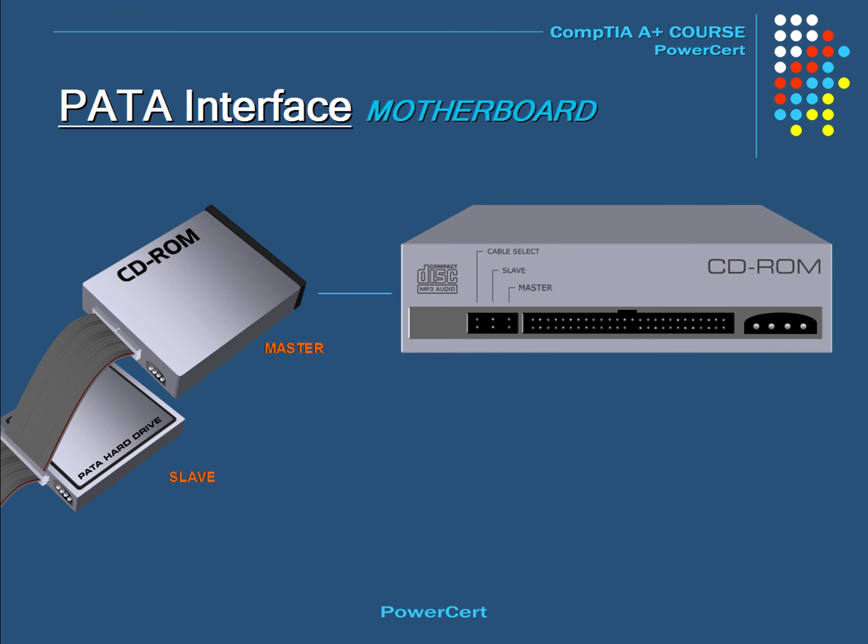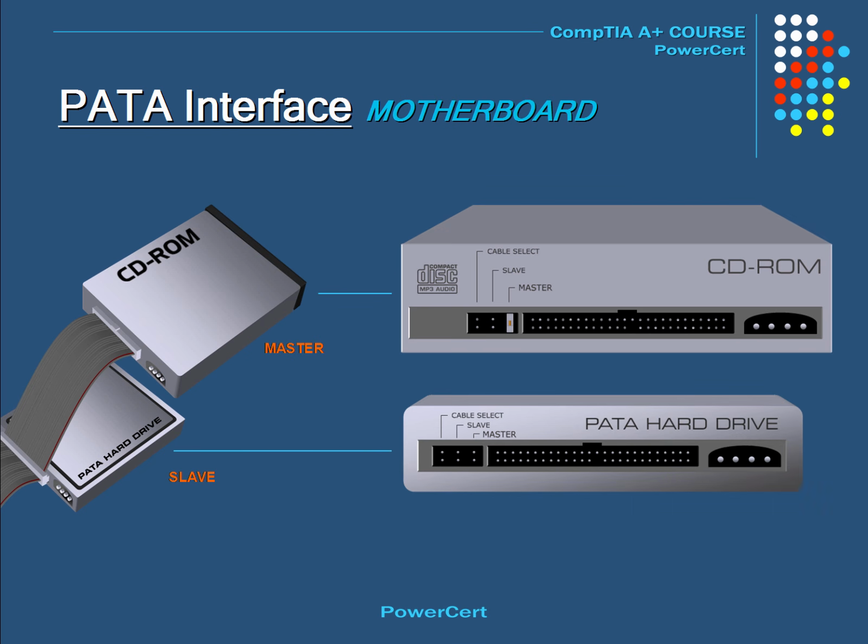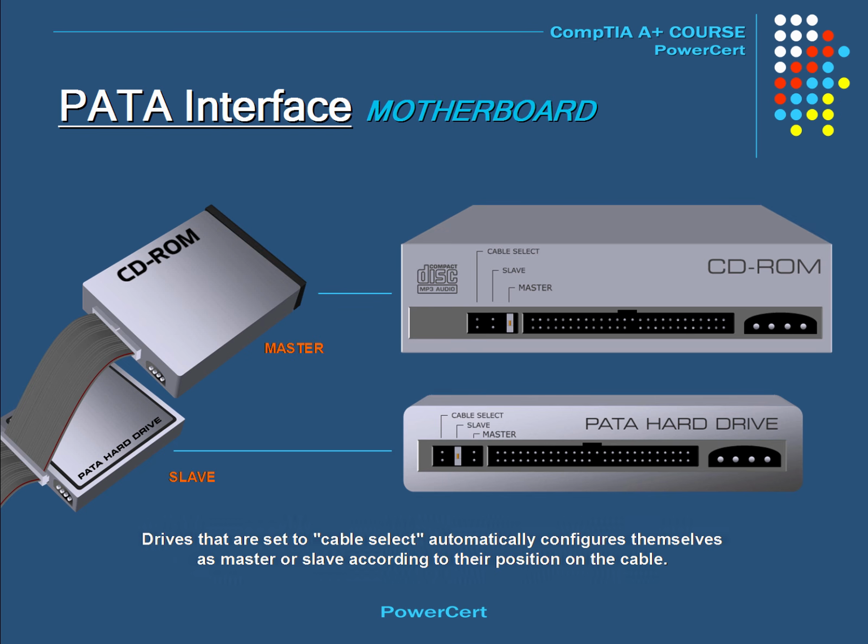So we'll place the jumper over the 2 pins under master. The other drive is a slave, which uses the slave setting. So we'll place the jumper over the 2 pins under slave. Drives that are set to cable select automatically configure themselves as master or slave according to their position on the cable.